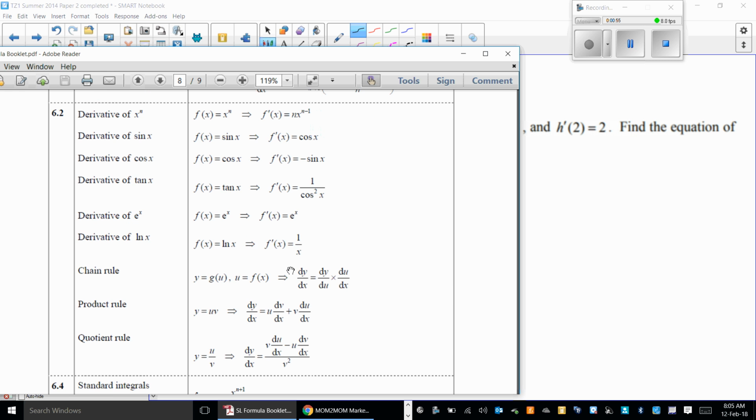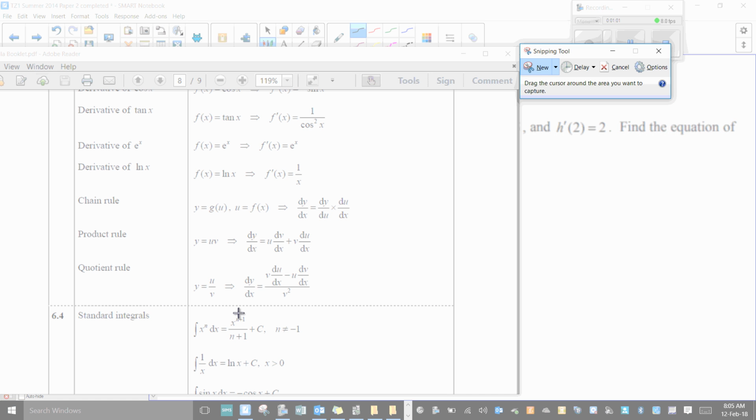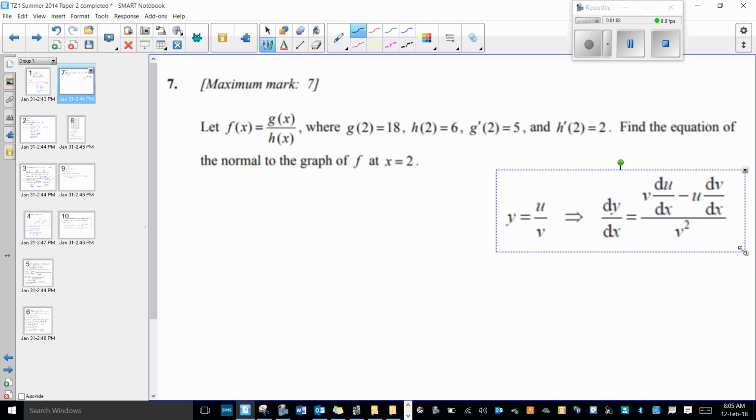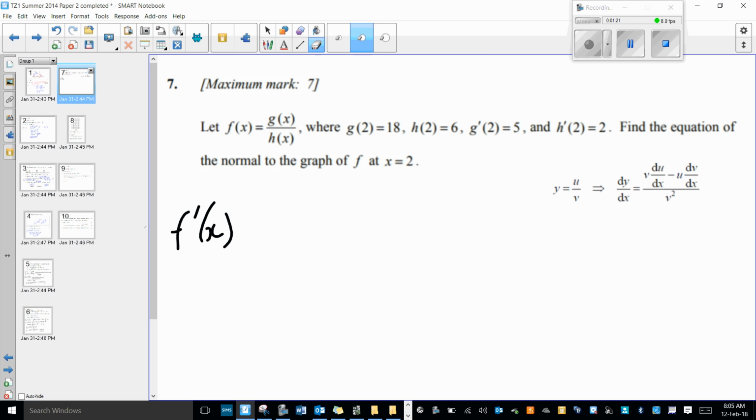Here we go. So this will be f', oh actually, this will be f'(2) because we know the values. So we've got v.